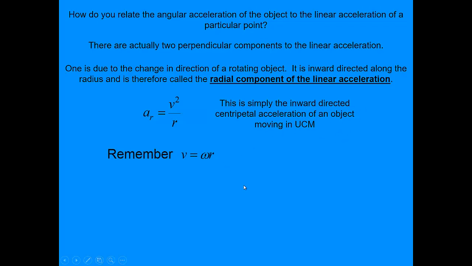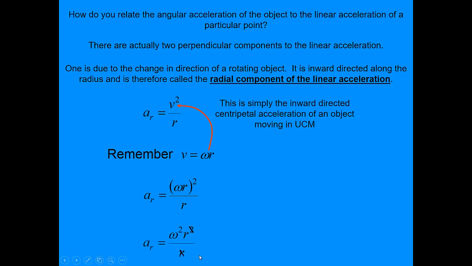But remember that we can convert linear speed to angular velocity using v equals omega r. So if we plug that in, we get that this radial component of our linear acceleration is equal to the quantity omega r squared over r. Square it, get omega squared r squared over r.